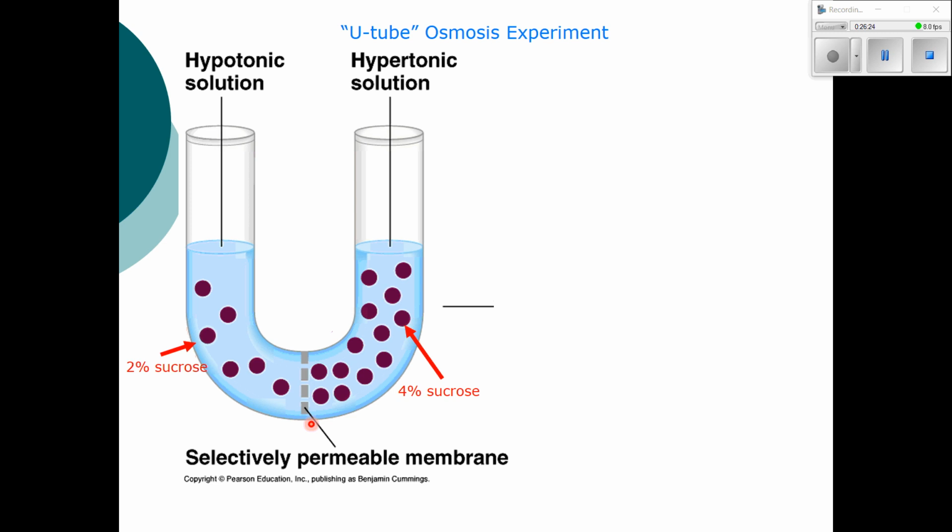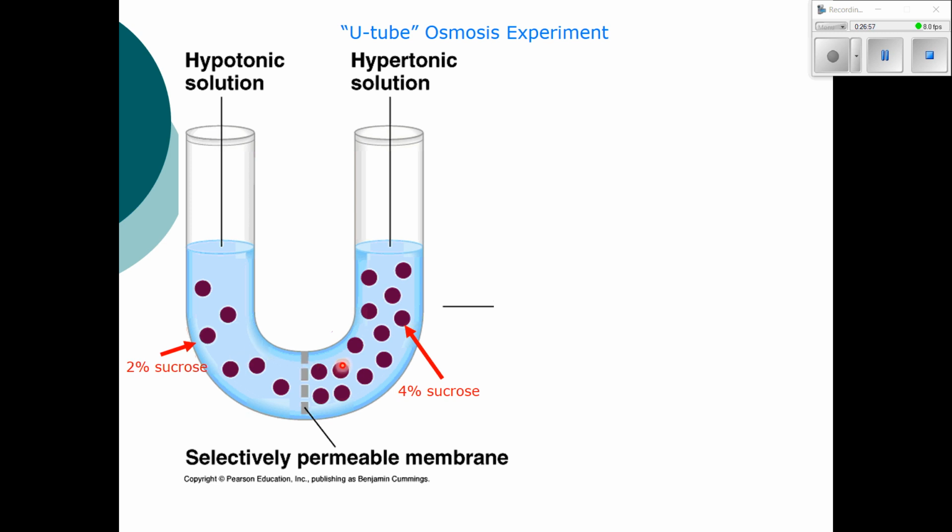And basically what that means is the little tiny holes in the membrane are very small, but water can pass through. Water molecules are small enough to pass through the holes, but if you dissolve sucrose, which is a disaccharide, in the water, the sucrose molecules, which are represented by these large dots, are too big to pass through the holes.